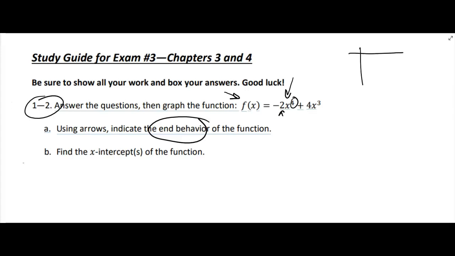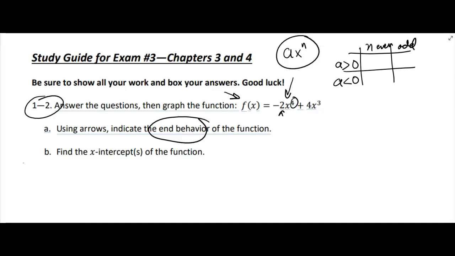There's a chart somewhere in the videos that I gave you that says if n is even, if n is odd, and if a, so you're looking at the term a x to the n as the leading term. If a is greater than 0, meaning it's positive, and if a is less than 0, meaning it's negative.